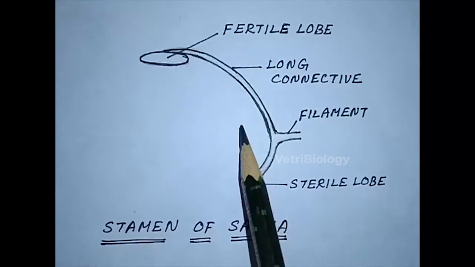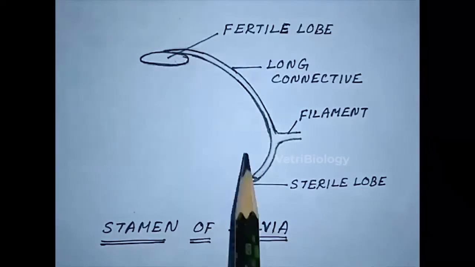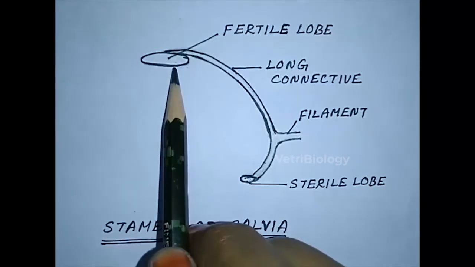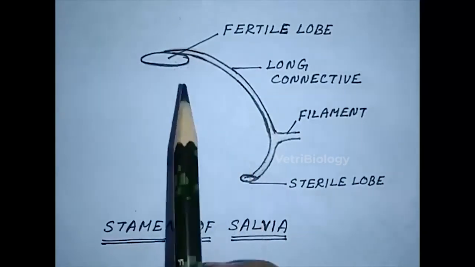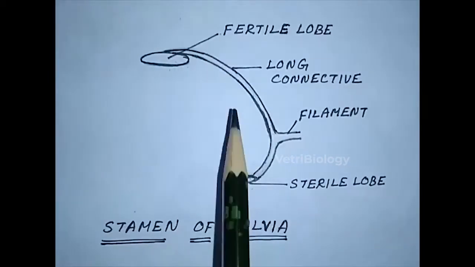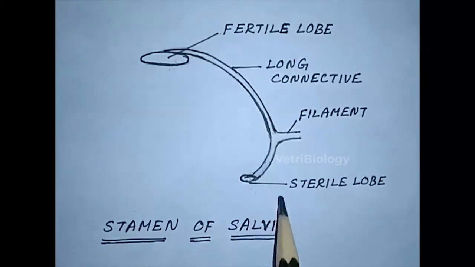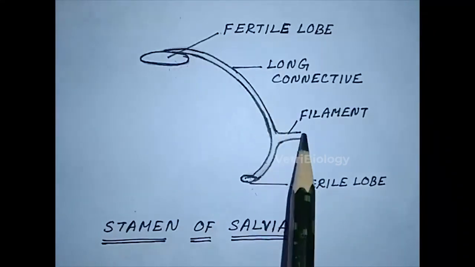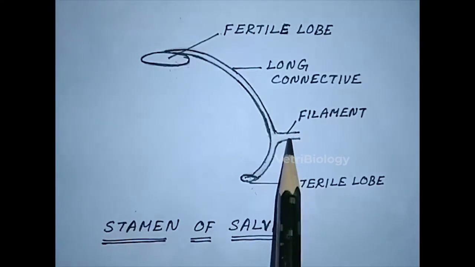But in Salvia, the anther lobes are separated by a long connective. So, it has upper lobe and lower lobe. The upper lobe is fertile one and the lower lobe is sterile one.